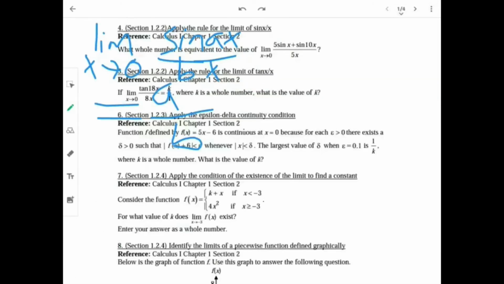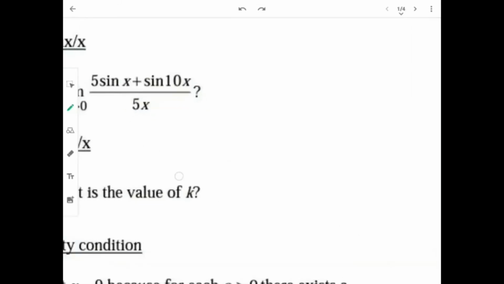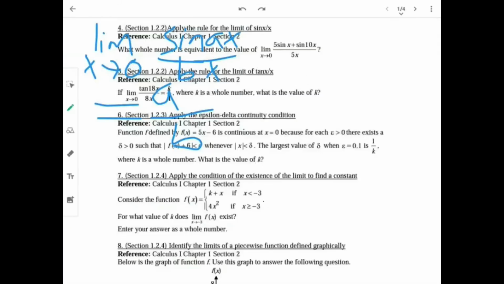Okay, so for number 4, we have the limit as x approaches 0 of (5 sin x + sin 10x) over 5x. The obvious thing to do is to distribute it, because you have the trigonometric identity written in blue on the board.